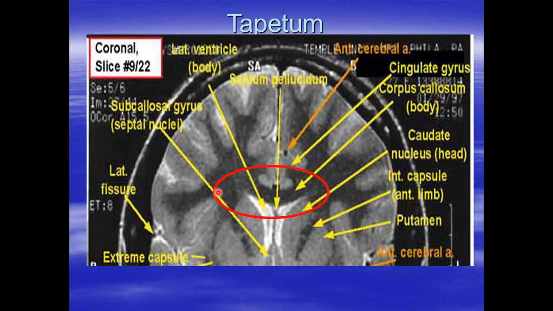Now let's try to look for the tapetum, which is also a commissural fiber. You can see this is the lateral ventricle, and the septum pellucidum is just in the middle. Above the corpus callosum are the cingulate gyrus and the cingulate sulcus.